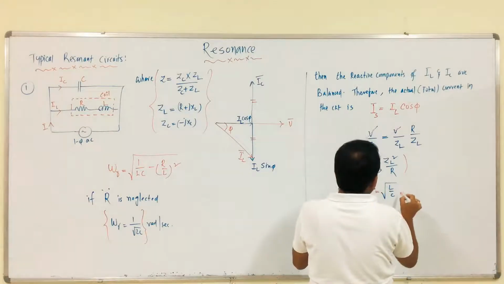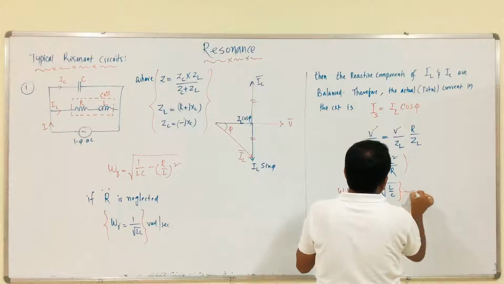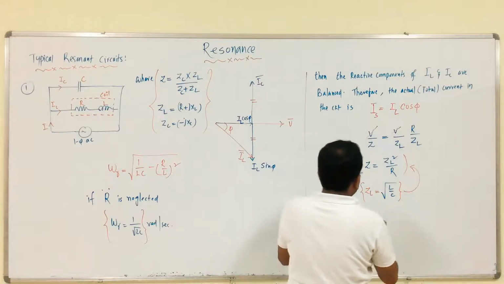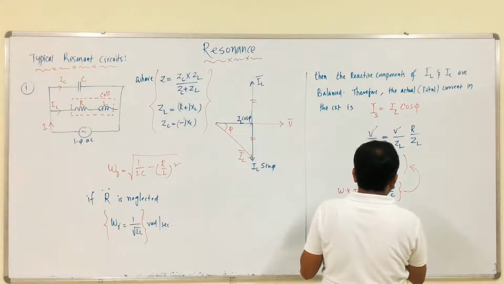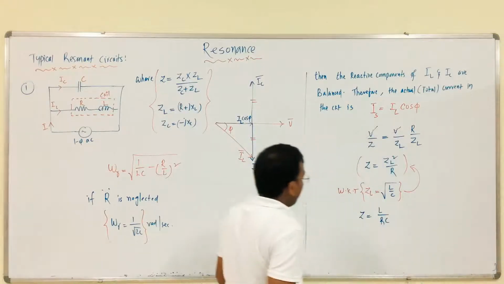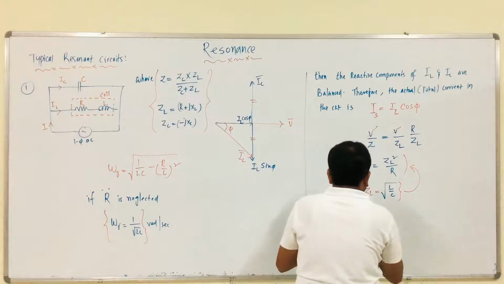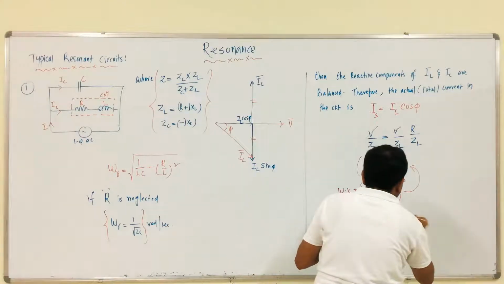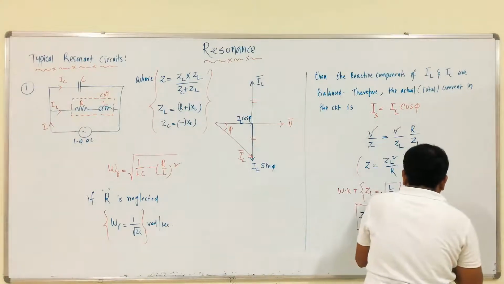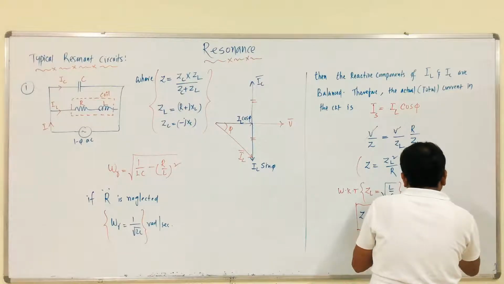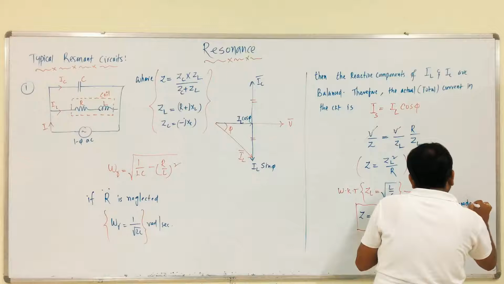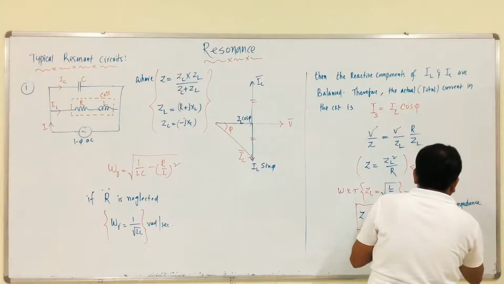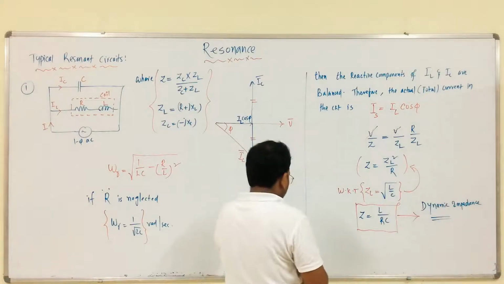Let's substitute this. Z = (L/C)/R, that is L by RC. Finally, this impedance is nothing but the dynamic impedance. This is the dynamic impedance value.